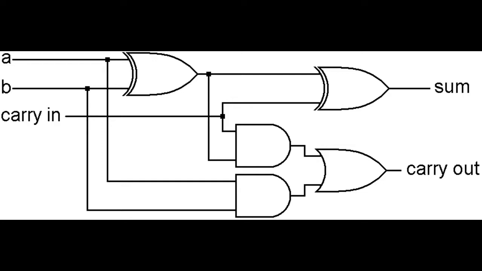So a final carry can be required if either A and B are both 1, or the sum of A and B is 1, and we had a carry in to begin with. So those two AND gates are ORed together in the final carry out OR gate that is at the bottom of the diagram.